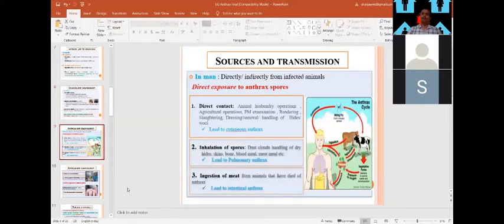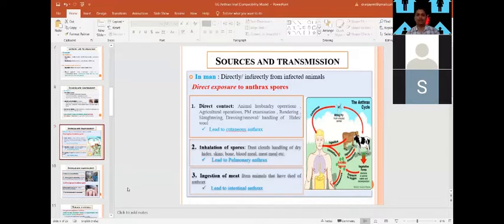Now, in human beings, it may be transmitted by either direct or indirect contact. Direct exposure may be during animal husbandry operations, agricultural operations, post-mortem examinations, treatment of animals, rendering, slaughtering, dressing and handling of hides. This direct contact with a contaminated source leads to cutaneous anthrax.